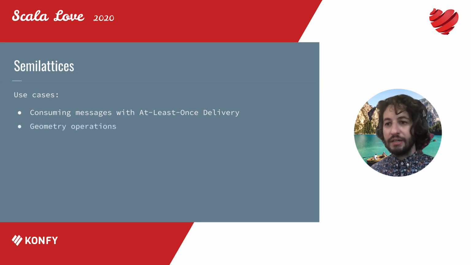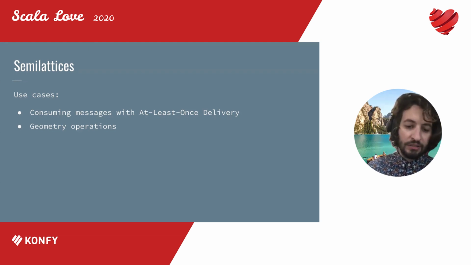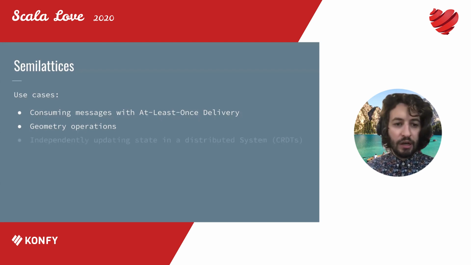Another thing is, I've talked about set intersections and set unions, but the same goes for geometry operations, where if you take a polygon and another polygon and you form their intersection, that is also, of course, idempotent and commutative, or the union of them. And that's something I've come across in my job recently.